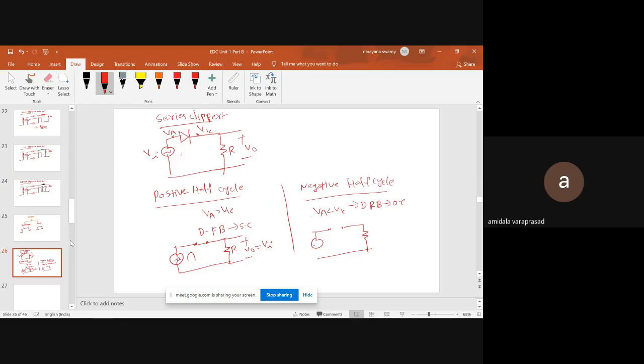For positive half cycle, this is negative half cycle. Negative half cycle, K is negative, connected to ground, right? Then there is no current flow, V naught is equal to 0.